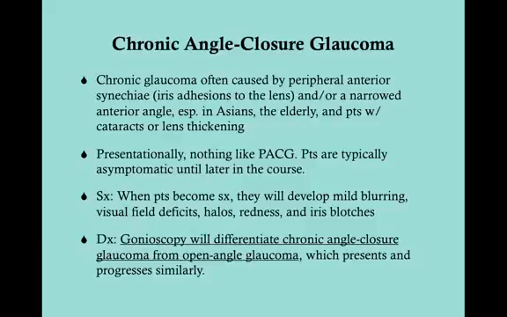But it's the gonioscopy that tells you that you have a narrow angle, and that's going to help you distinguish this from open angle glaucoma, which, of course, as I've mentioned, is a diagnosis of exclusion. So the gonioscopy will show you that indeed you have a narrow angle, and in the setting of a patient with glaucomatous symptoms or features, that will indicate that this is chronic angle closure glaucoma.